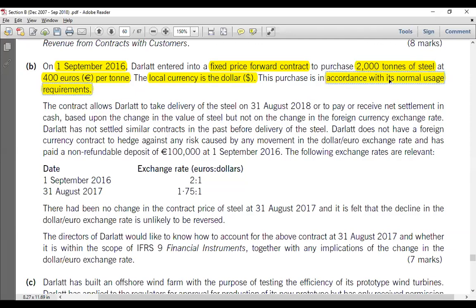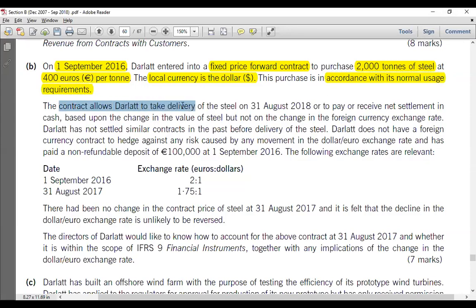So apparently this statement is diverting our mind that this is going to be settled in steel, not in cash, because it's a normal usage requirement. We need steel; that's why we have made the contract. So apparently this point is taking us towards the expectation that the contract will be settled in goods.